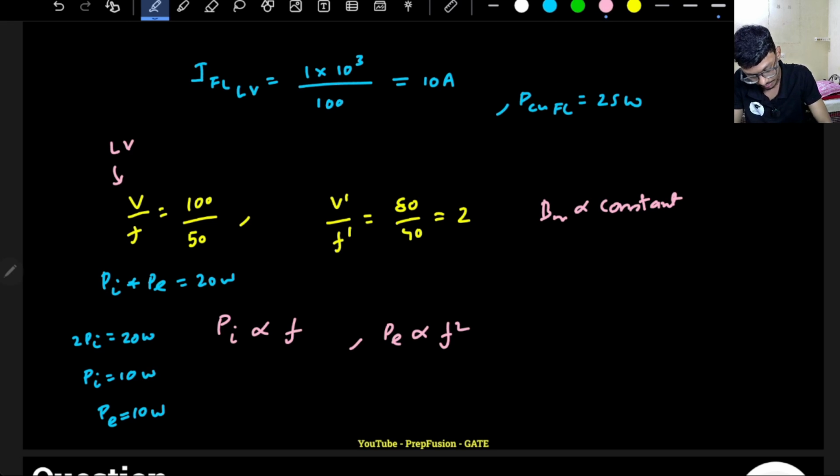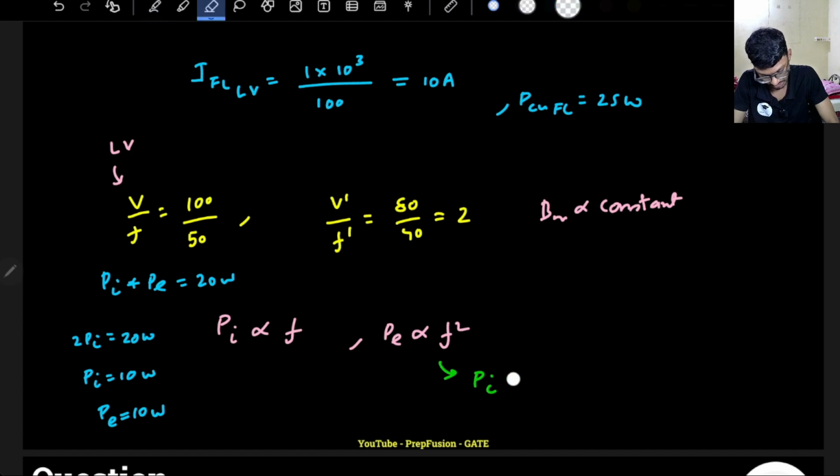So right now my flux density is constant. So what I can comment is that Ph changes with frequency. So if initial Ph was this, what will be Ph dash? Ph dash by Ph will just change with frequency.